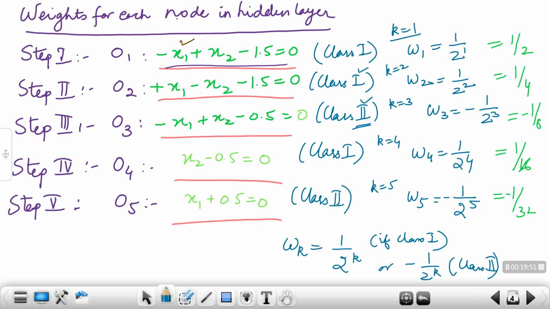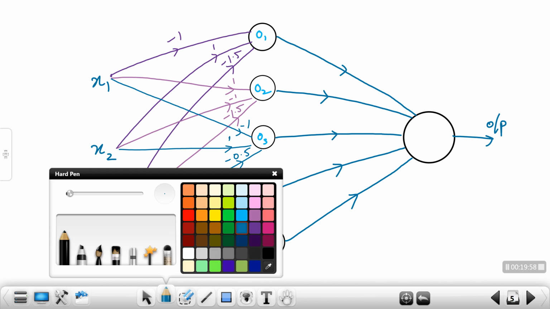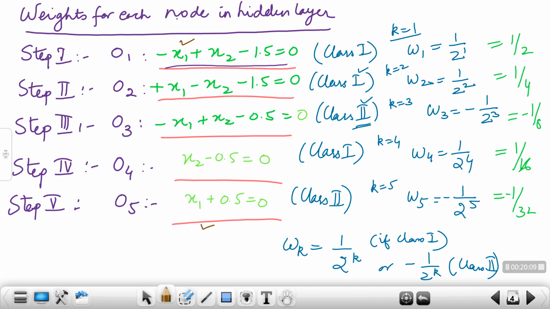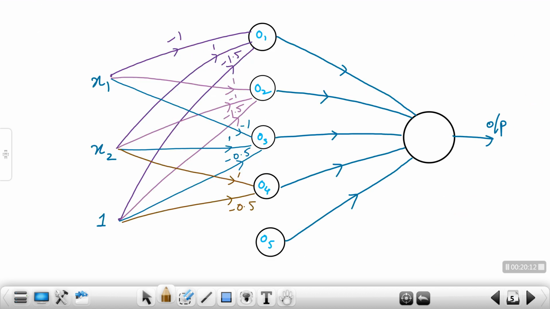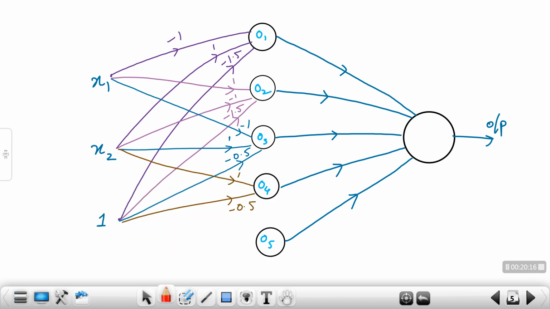So this is what you get here. O4 is x2 minus 0.5. So x2 is 1 and this is minus 0.5. And O5 is x1 plus 0.5, so x1 and this is plus 0.5.